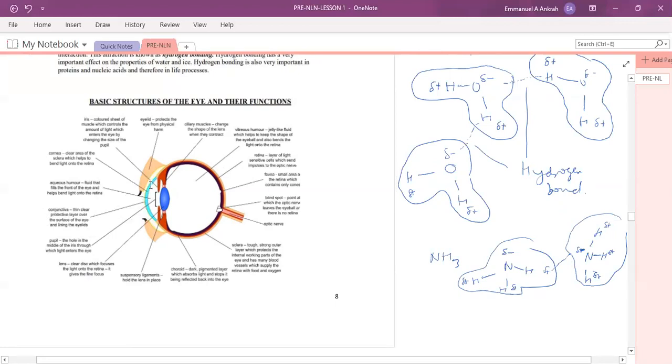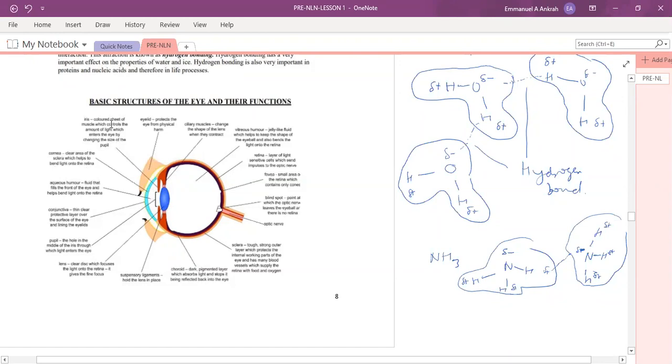The cornea is a clear area of what we call the sclera. The cornea helps to bend light into the retina, so the function is bending of light. The other side, the sclera, is the back side, which is not transparent. The front part of the sclera is the cornea.